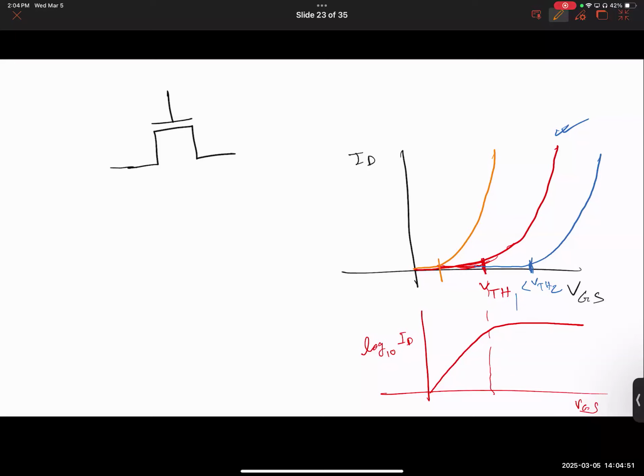Okay. That's one point. Now, how can I change the threshold voltage? There are many ways. One is to use body bias, and we discussed that in the SM lecture. Remember? You can body bias the transistor to do so. Another approach depends on the fixed charge that appears at the gate. Who determines the threshold voltage? Many factors work together, but one of them is how much charge you have at the gate.